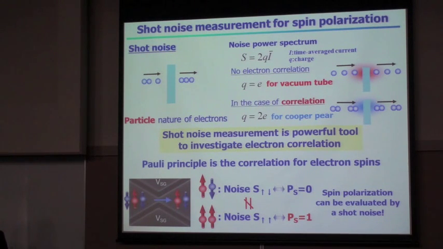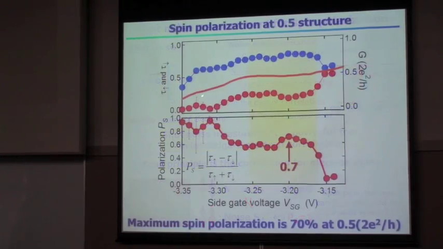And usually the shot noise can tell the transmission probability for spin up and spin down. So here's the result. This orange curve corresponds to the conductance. This plateau region corresponds to the 0.5 structure. And this is the transmission probability for down spin and up spin. Around this 0.5 region, there is a large difference between the transmission probability for up spin and down spin.